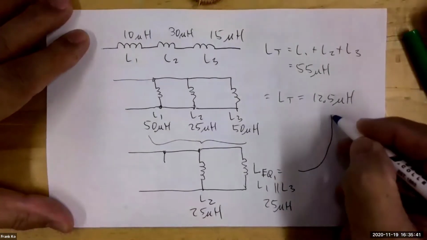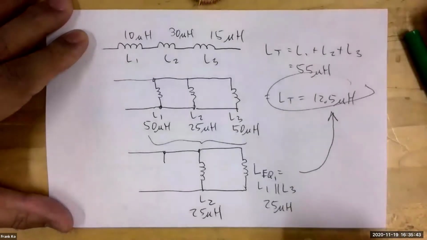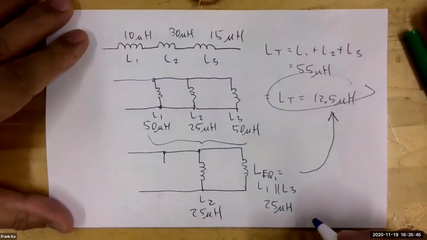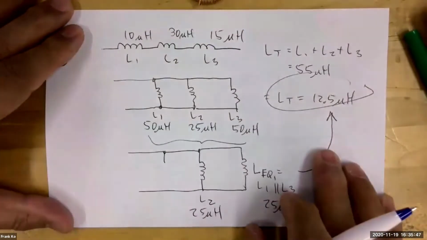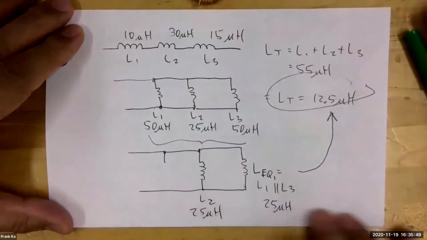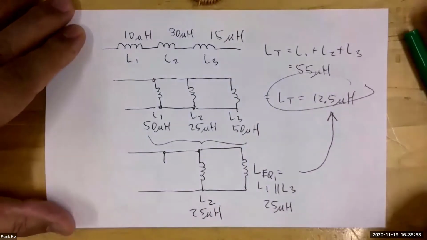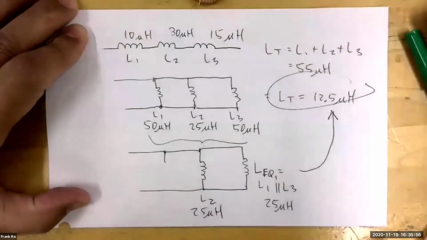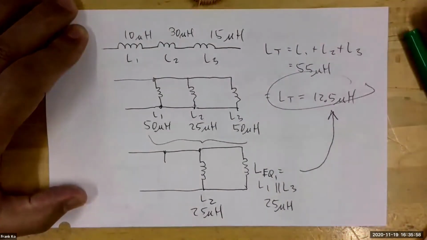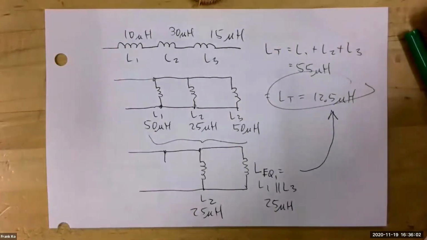They give you a single total of 12.5 microhenries. So the nice thing about coils in series and coils in parallel is they follow the same rules as resistors. So your calculation and analysis of their circuit behaviors in this regard should be pretty straightforward, okay? Any questions so far?